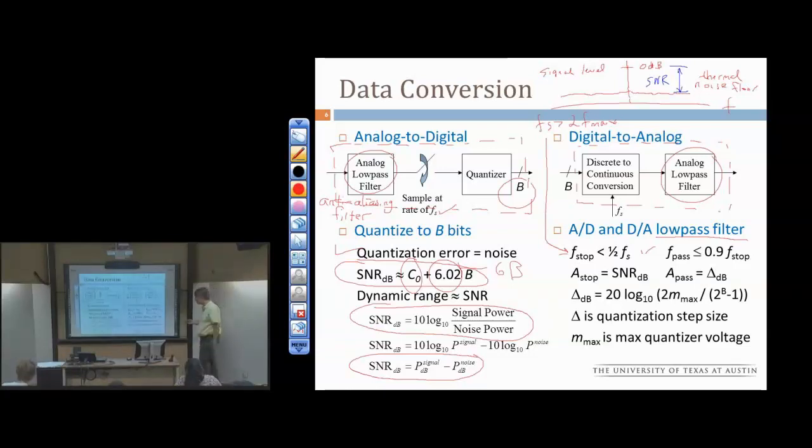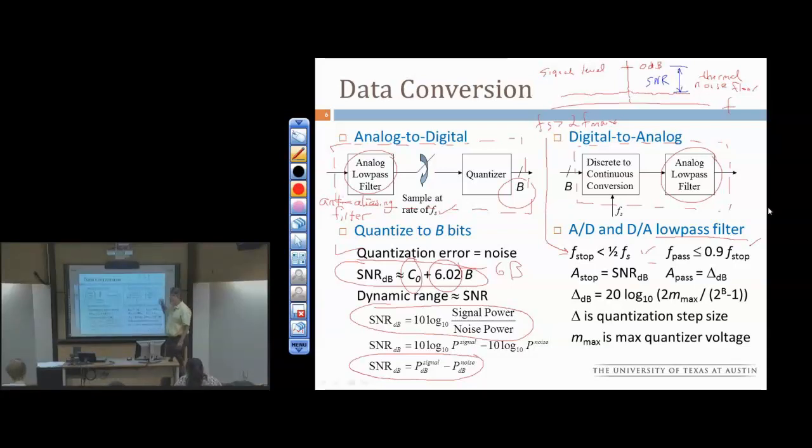We know we have a 10% transition band between pass band and stop band. So the pass band frequency is 0.9 of the stop band frequency. In lecture 8 on quantization, we also derived, again just from this same graph up here of signal level versus thermal noise floor, that if we think about quantization error, the stop band attenuation should be equal to the noise floor.